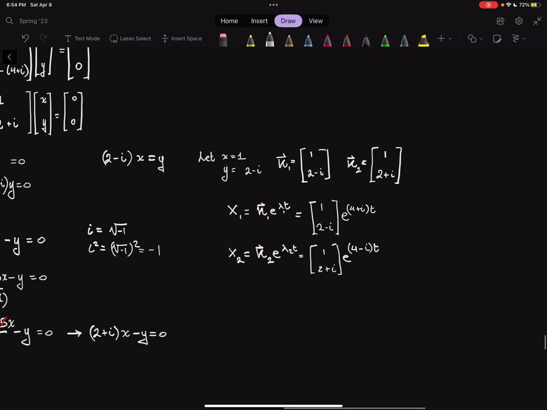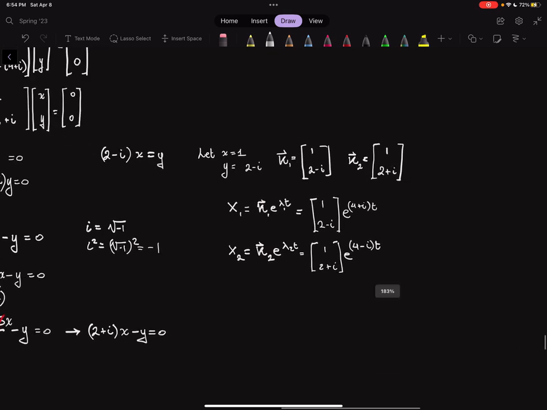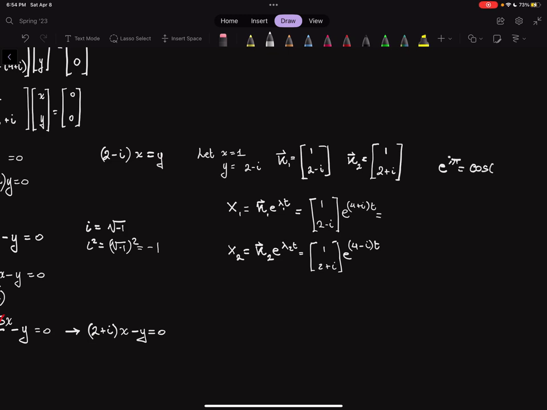But then, if you wanted to, you could rewrite this using Euler's identity, which is e to the i pi equals the cosine of pi plus i times the sine of pi.